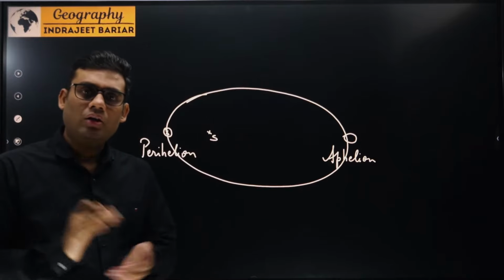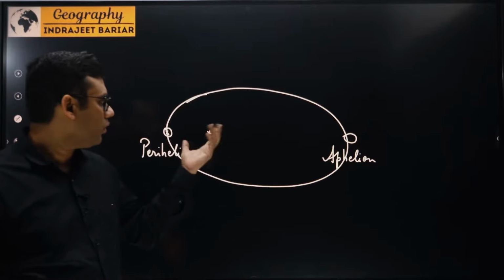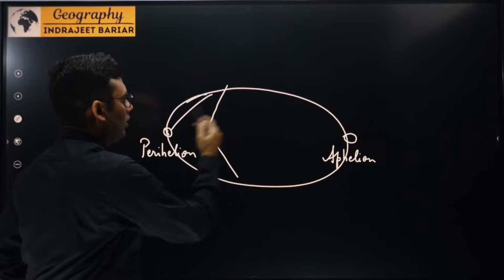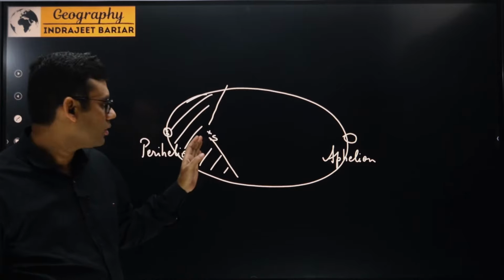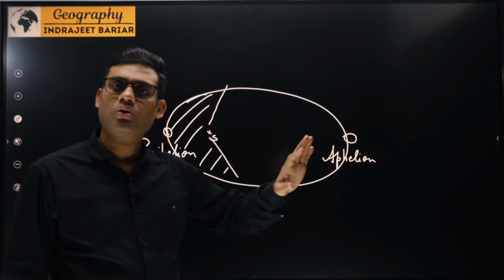So with perihelion and aphelion, will the seasons occur? On face value, it may appear that in this part, as the Earth is nearer to the sun, it should be summers, or in this part as the Earth is away from the sun, it should be winters.